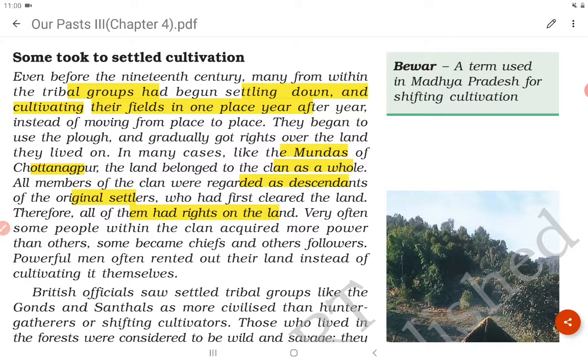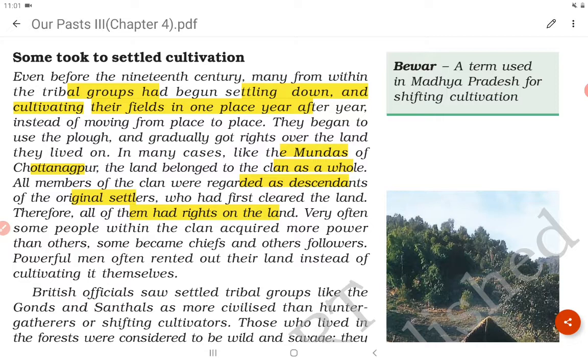In many cases, like the Mundas of Chota Nagpur, the land belonged to the clan as a whole. All members of the clan were regarded as descendants of the original settlers who had first cleared the land. Therefore, all of them had rights on the land.